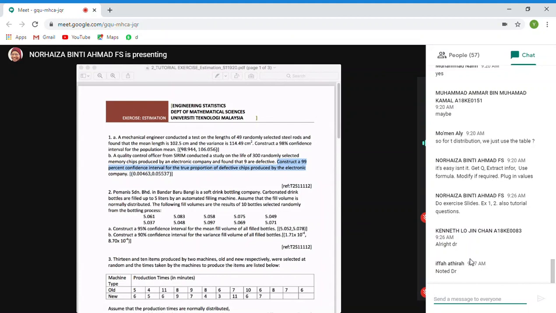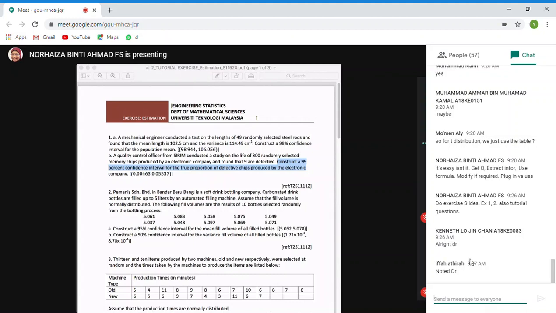But since we're online now, you can explore how to get the values. All the values for the z distribution, t distribution, and chi-square distribution can also be obtained from Excel. Try Excel.